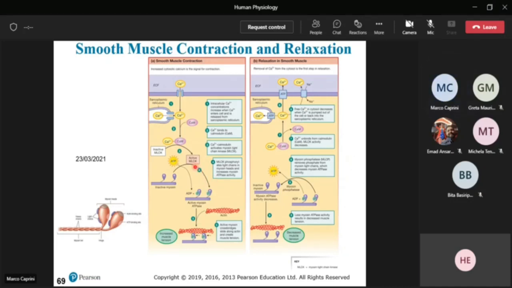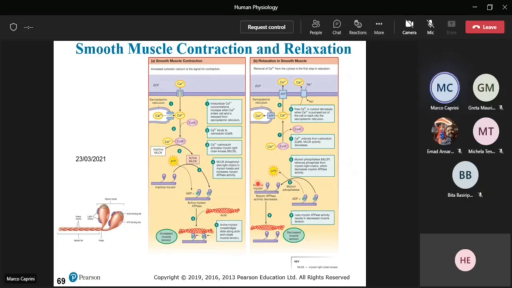It's okay? Okay. So you already know now that it's important not the amount of the total kinase activity, or the amount of the total phosphatase activity.